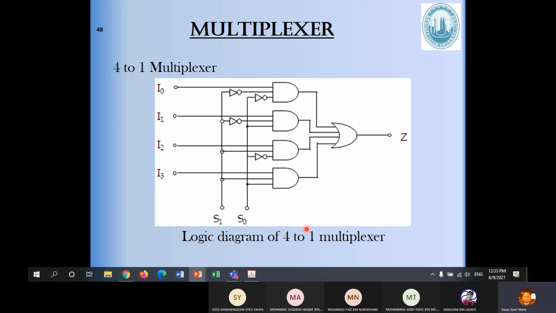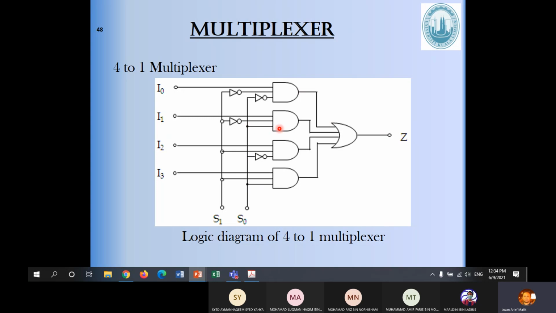So dia depends kepada selector ni. Bila sini kosong-kosong, so ini yang akan jadi satu. The reason why kita boleh try. If this is 0 and this is 0, kita applykan sampai dekat sini, dia akan jadi 1 for S1. S0 tadi 0, sampai dekat sini dia terbalikkan jadi 1. So for AND gate, you need all of the inputs to become 1, baru you dapat output. So dekat sini dia akan dapat 1 darabkan dengan 1 darabkan dengan I0. So you akan dapat I0 output masuk ke Z. Tapi kalau sini kosong-kosong kita lalu dekat sini, so S0 will be supplied as 0.